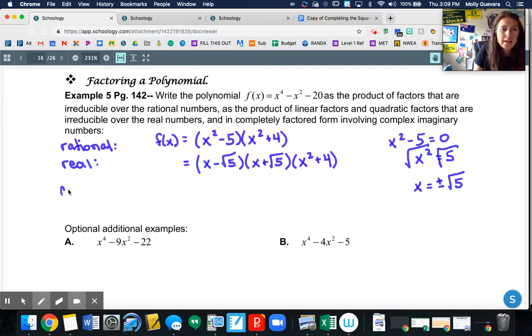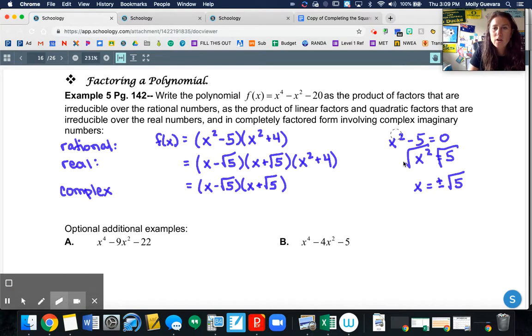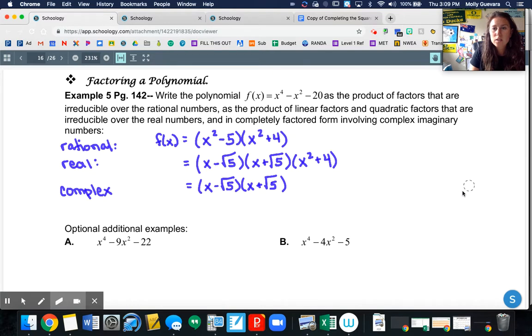Then the last one that they want is complex numbers. So I'll write it out with any sort of number I want. So this is still x minus root 5, x plus root 5. And then now I'm allowed to have imaginary numbers. I'm allowed to have complex numbers. So now I can set my x squared plus 4 equal to 0 and solve.